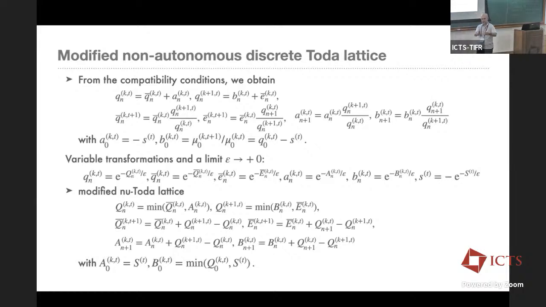So we have many kinds of compatibility conditions, and correspondingly we can obtain some nonlinear equations among these Q and E and Q bar and E bar and so on. But we can pick the appropriate equations among these compatibility conditions, and then we can pick up these 1, 2, 3, 4, 5, 6 equations for six dependent variables.